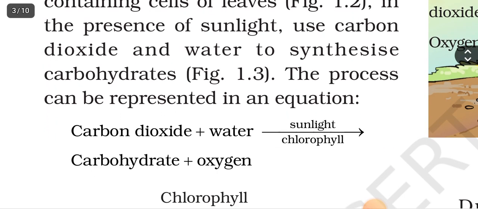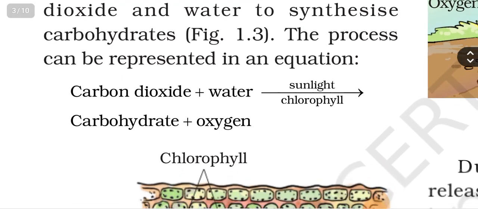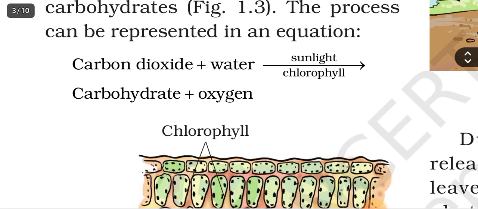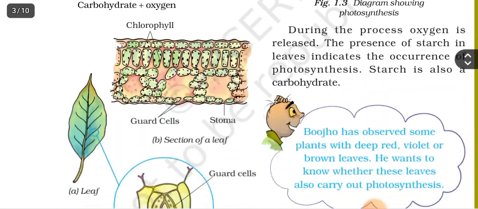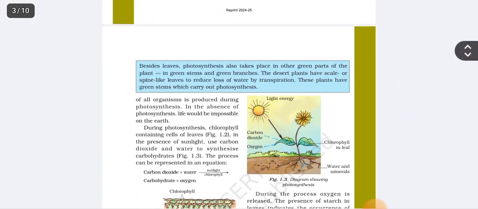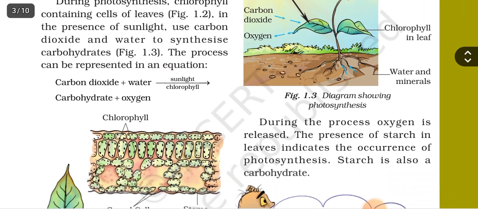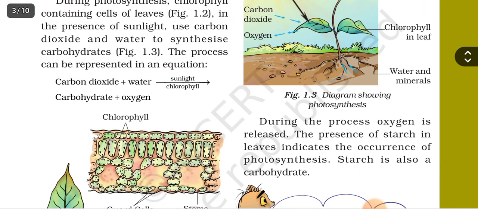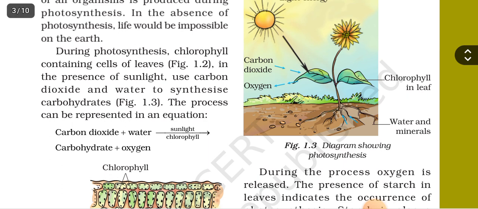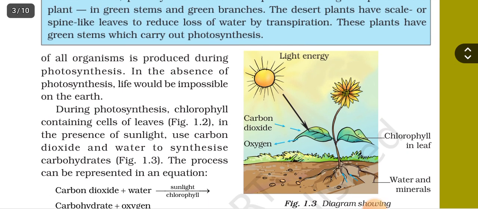The process can be represented in an equation. Carbon dioxide plus water, in the presence of sunlight and chlorophyll, gives carbohydrate plus oxygen. What is photosynthesis? Photosynthesis is the process by which the plants make their food.